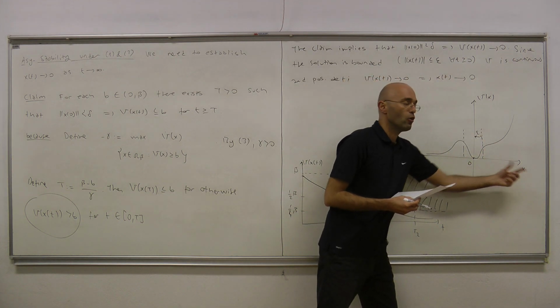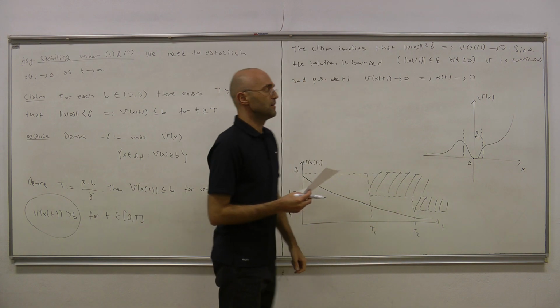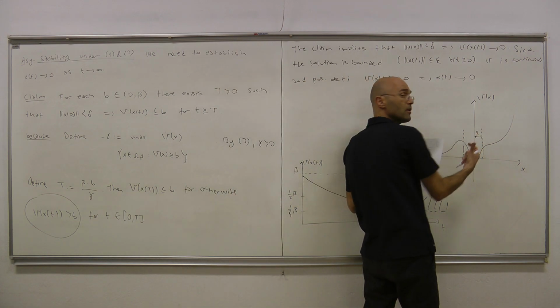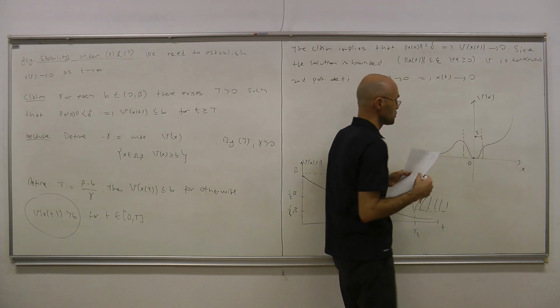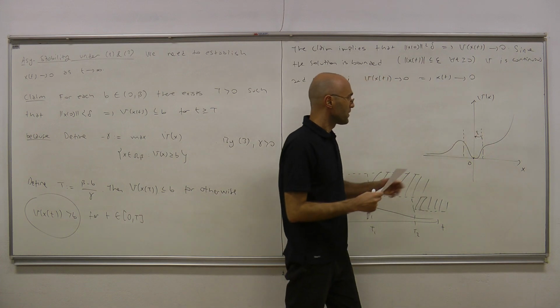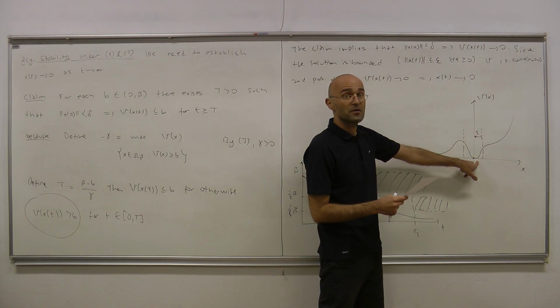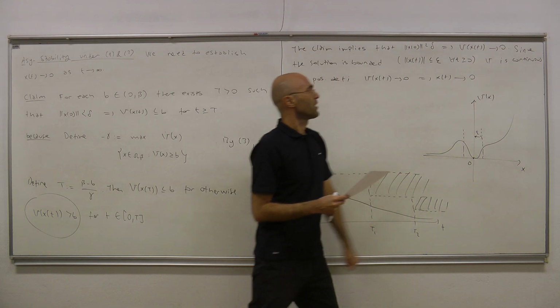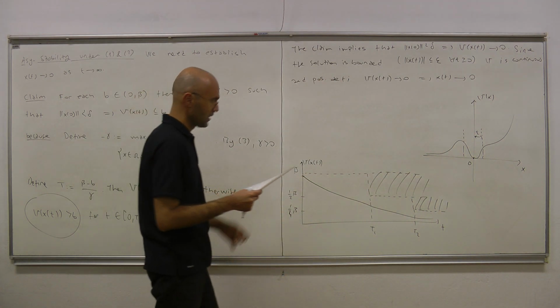So the state always has to remain in some bounded neighborhood of the origin. And in this closed bounded set, v of x has to decrease further and further, and it cannot decrease anywhere except 0. Therefore, x of t has to go to 0.